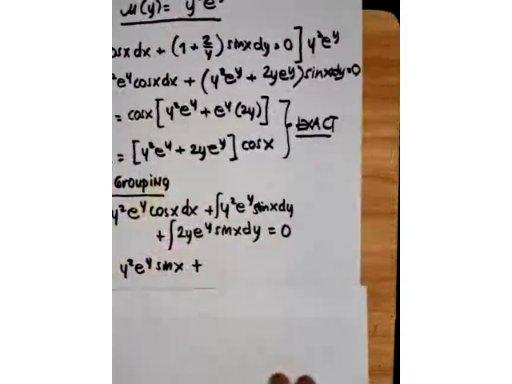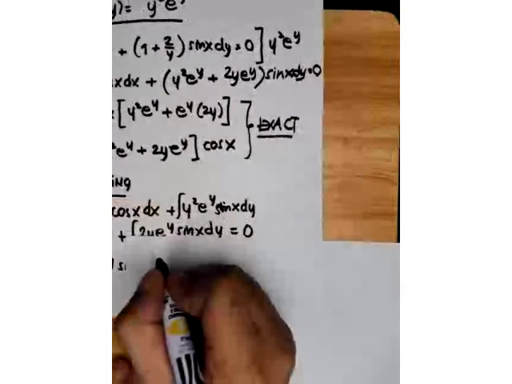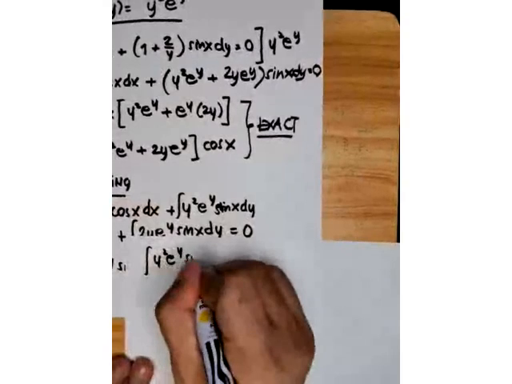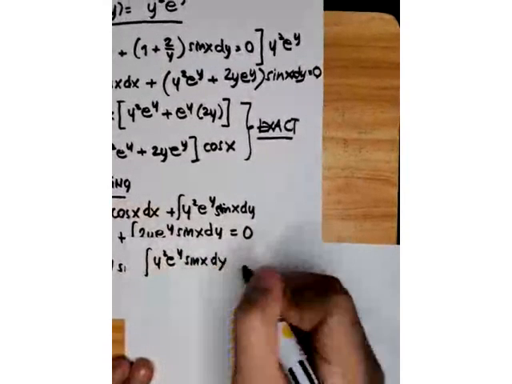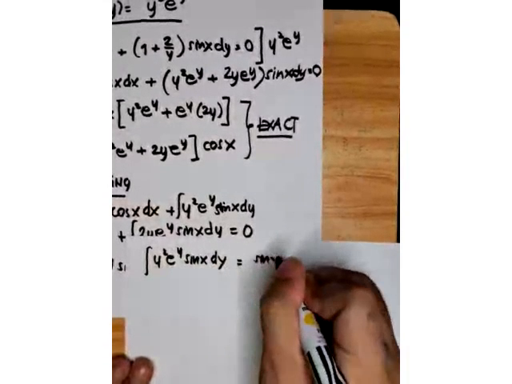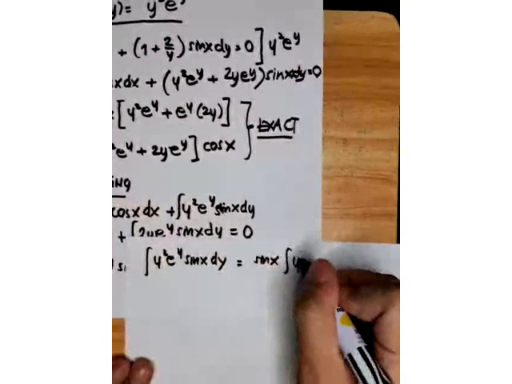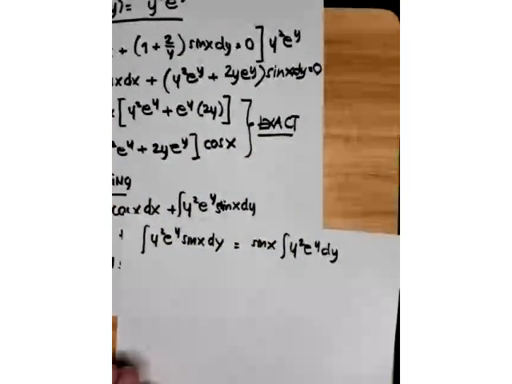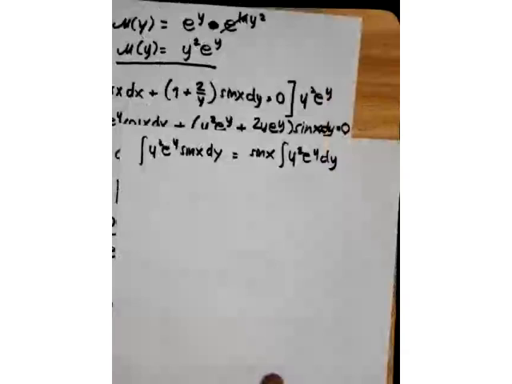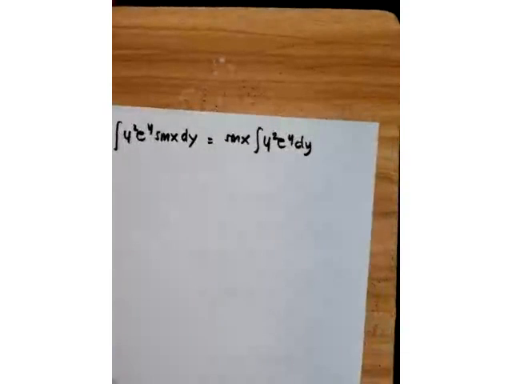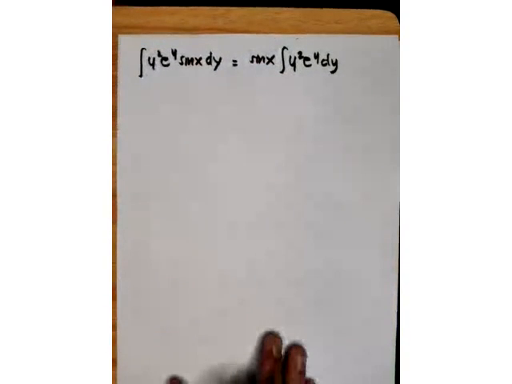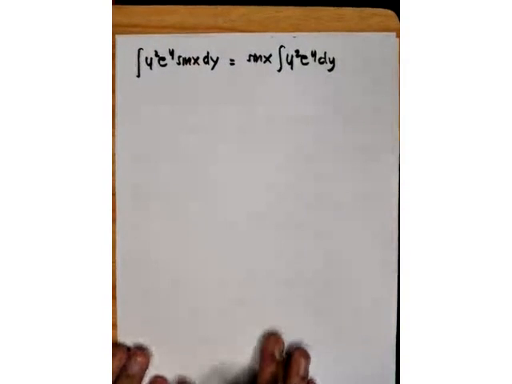Okay, let me get another paper. So, I have to integrate y squared e raised to y sine x dy. The sine x is a constant, so all we need to do is integrate y squared e raised to y dy. How will we integrate this term? We'll be using integration by parts. Kaya lang may shorter method, yung tabular method.